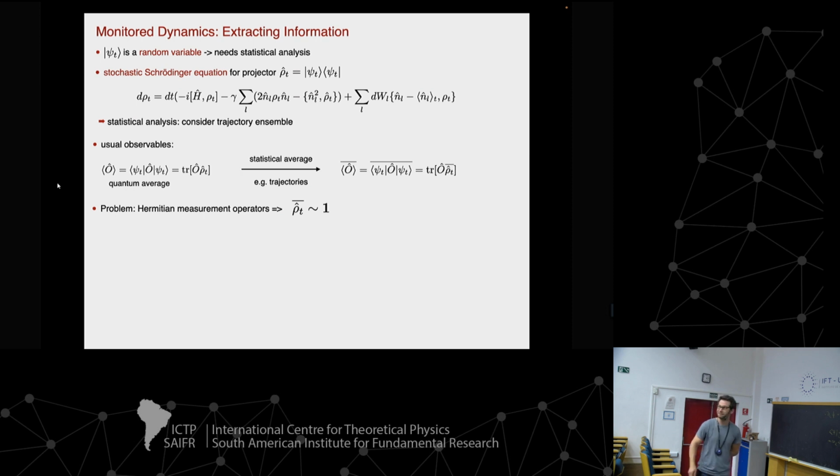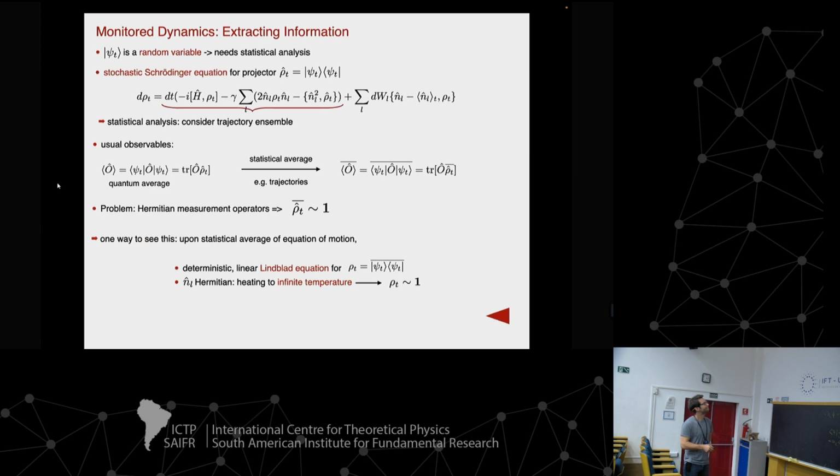Very good. But because not everyone showed up, let's justify this. Why is the statistical average of this density matrix really the unit matrix? We can read it off this equation, and we just average to get the evolution of the average density matrix, really the density matrix of this problem.